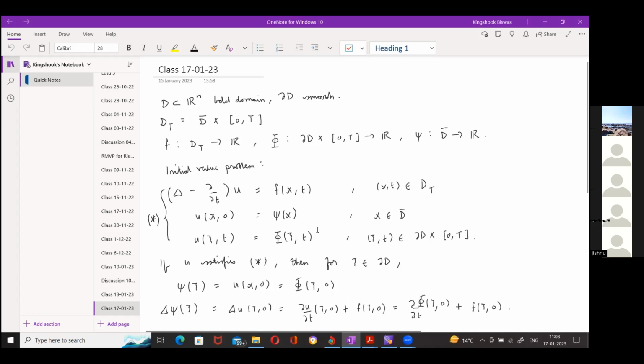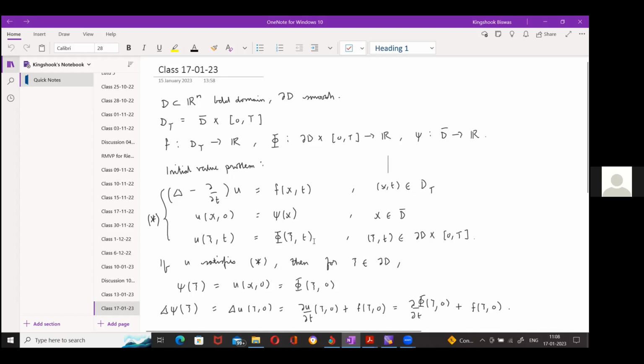And the boundary conditions are, for any time t, the value of u at a boundary point xi is equal to capital Phi of (xi, t).